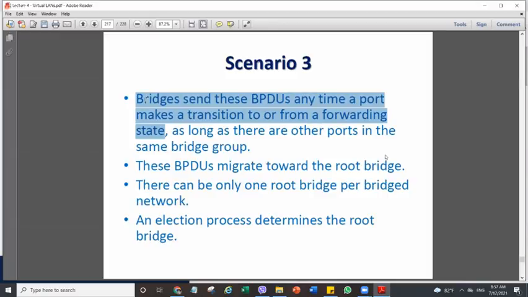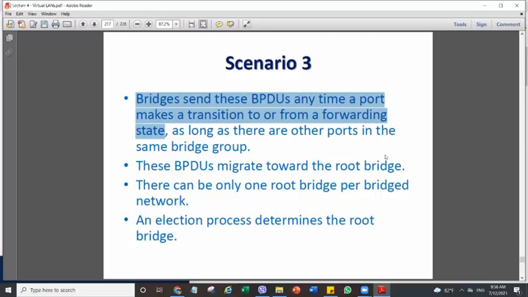As long as there are other ports in the same bridge group. If there are no other bridges in the group, then it doesn't matter. But if there are other bridges or switches, then obviously we need to recalculate and find the optimized bridge, optimized connections.